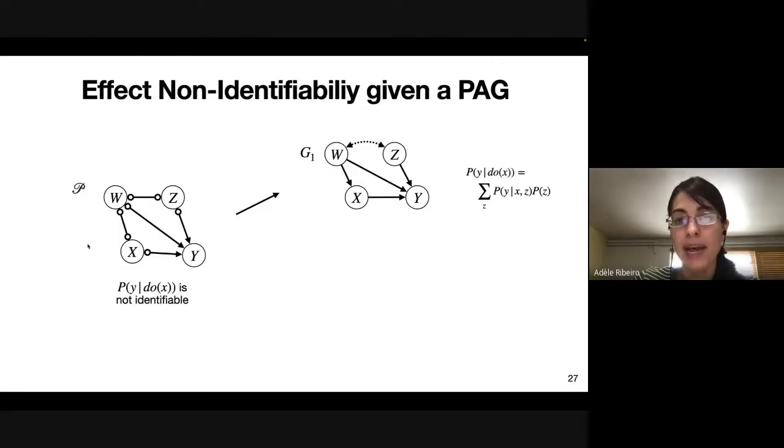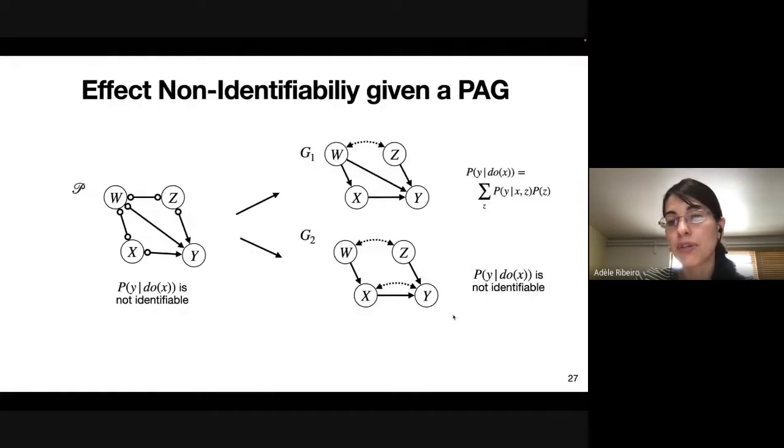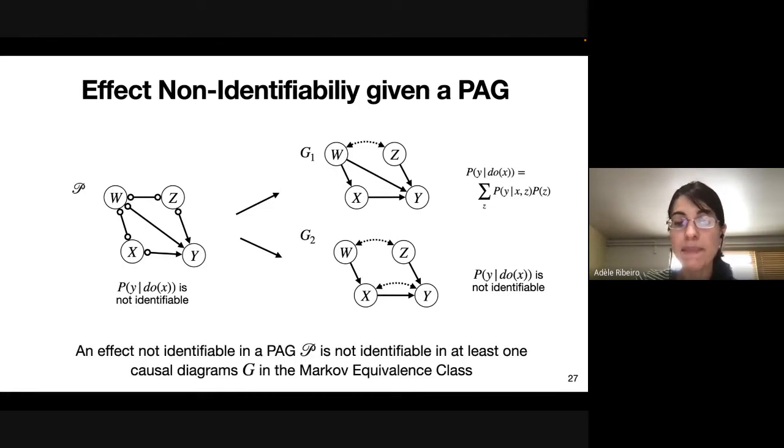I just have the PAG. And the PAG allows me to construct a causal diagram where the effect between X and Y is not identifiable. So this is another example that belongs to the equivalence class, but the effect between X and Y is not identifiable. So that's the meaning of non-identifiability in a PAG.